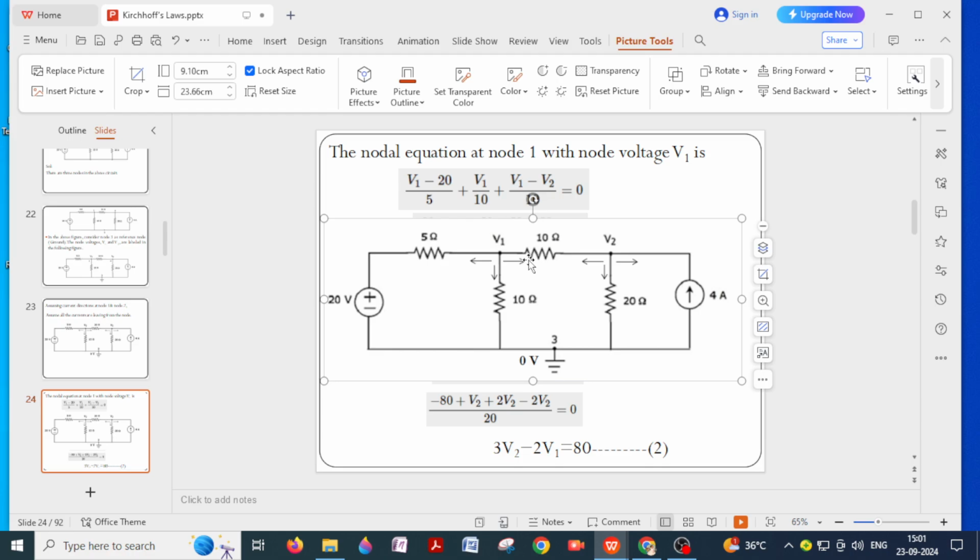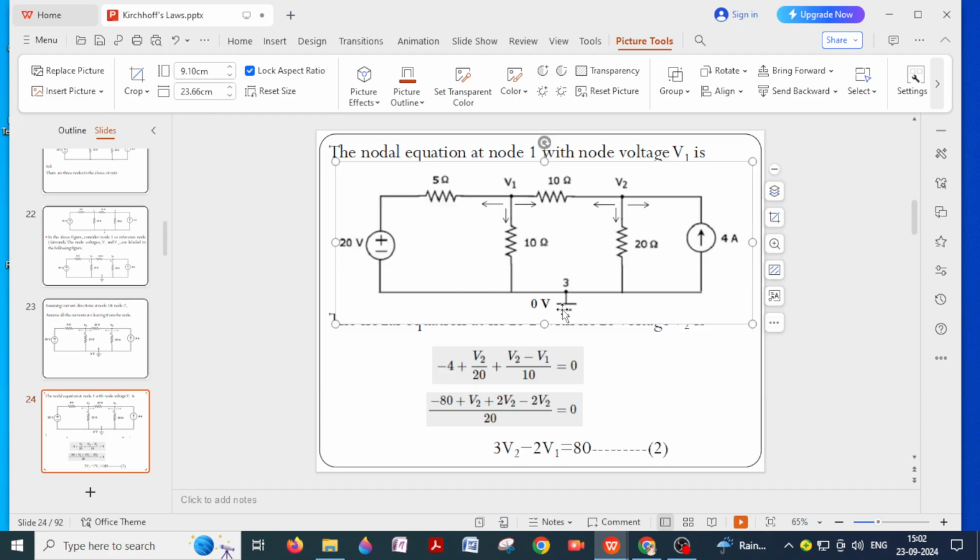So minus 4 plus the current in this 20 ohms is V2 minus 0 by 20 plus the current in this resistor is V2 minus V1 by 10, equal to 0. According to Kirchhoff's current law, the algebraic sum of all the currents is equal to 0. So simplify it: minus 80 plus V2 plus 2V2 minus 2V1 by 20 equal to 0. 3V2 minus 2V1 equal to 80. Consider it as equation 2.